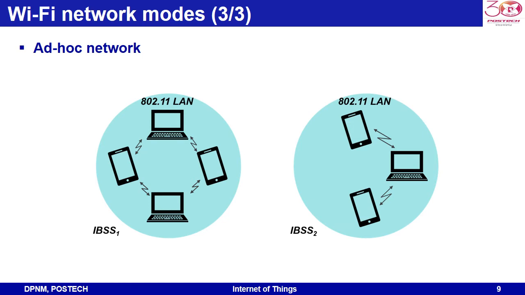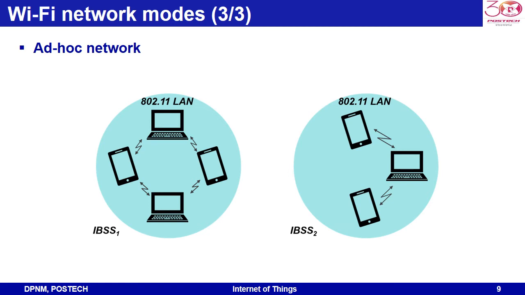In that case, you will have to use an ad hoc network if you need to communicate among the wireless devices that soldiers use, for example. So, the way that terminals communicate with each other without having a central base station is called an ad hoc network.